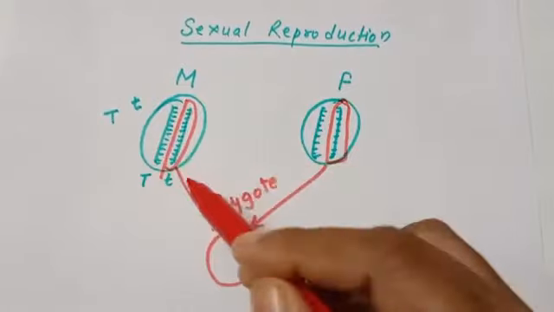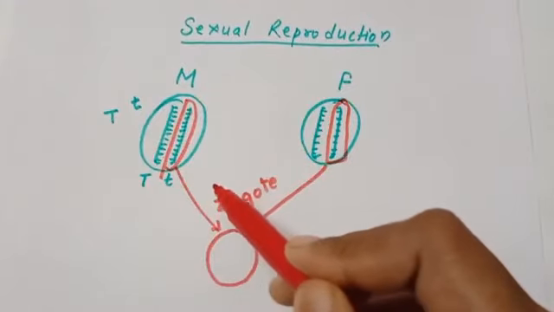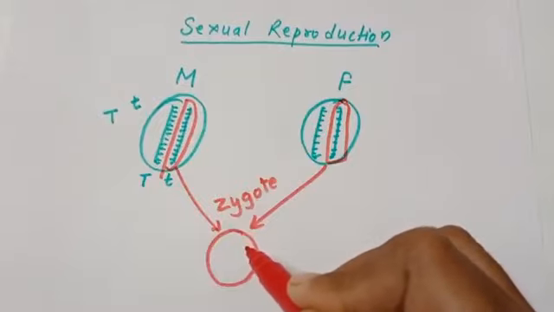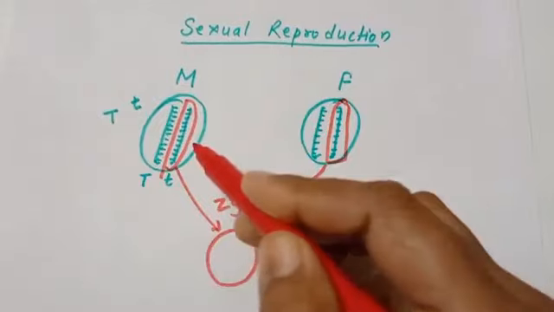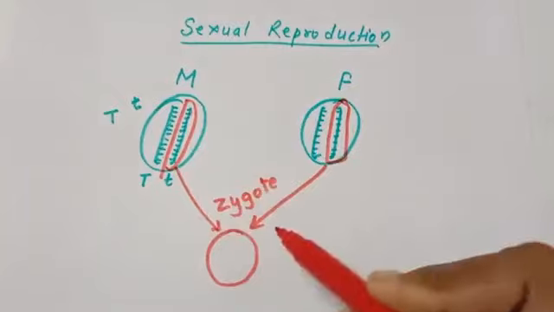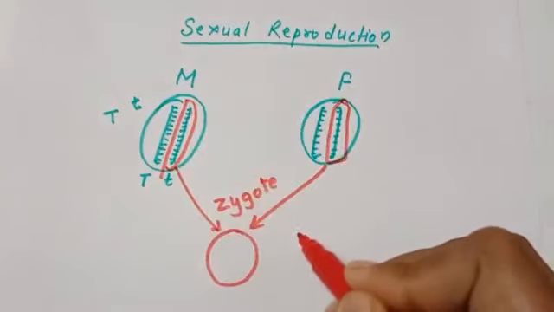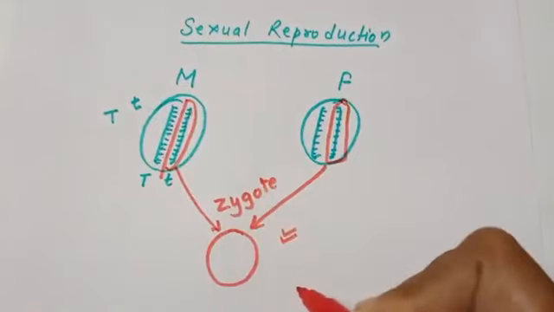So it depends on the fusion or fertilization, when it takes place, which set is going to fuse with the set of the ova. So that will lead to the kind of characteristics that the zygote will have.